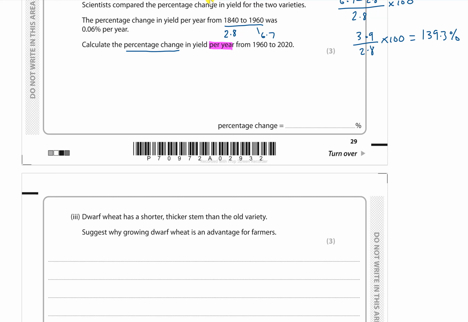So what we do is from 1960 all the way to 2020 is 40, 50, 60 years. So what you do is 139.3% divided by 60 years. And it gives 2.3%.